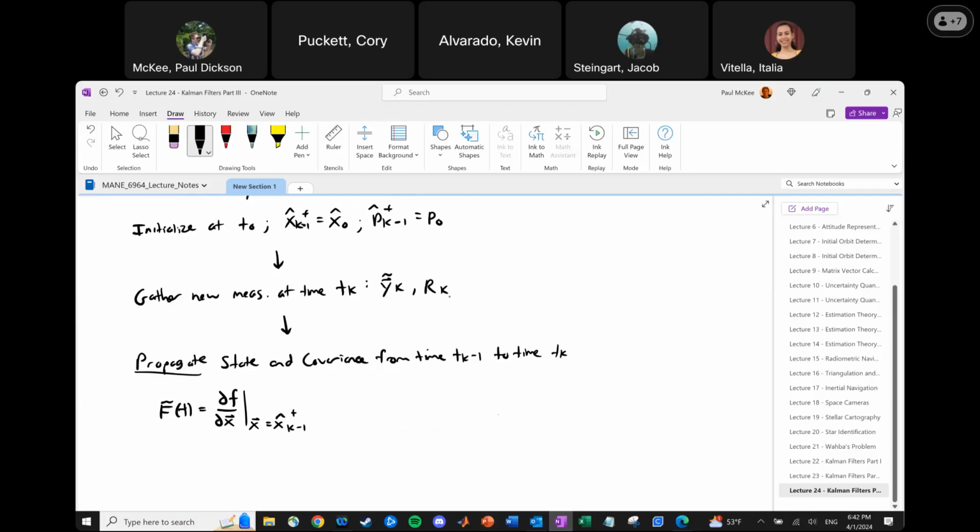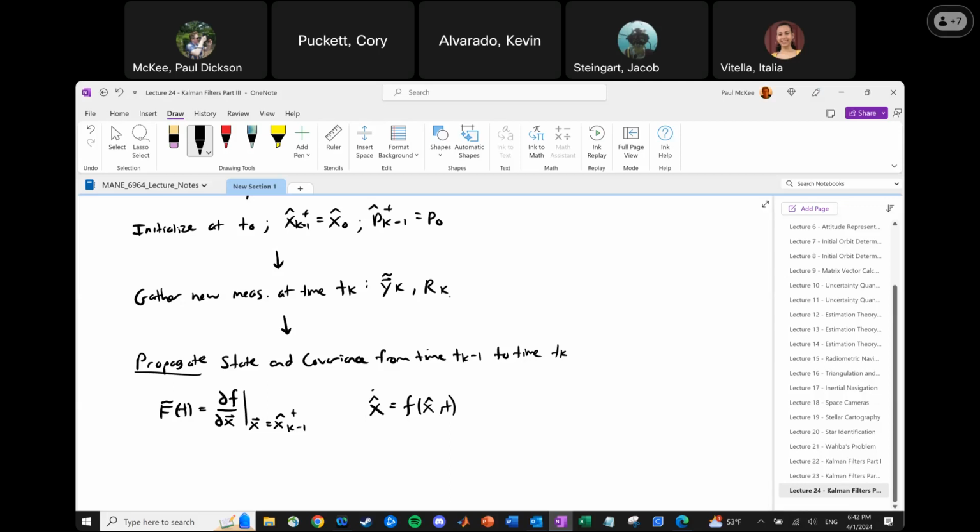So our current best guess of the state, we're going to linearize, plug that in, and that gives us F. And then if we want to update the state, we have simply x dot is f of x and t. So we just use our nonlinear equations of motion to propagate our state.